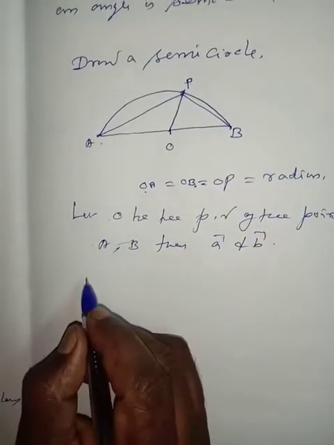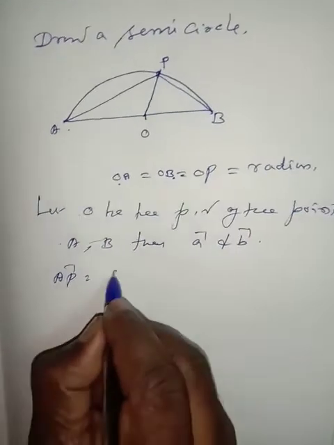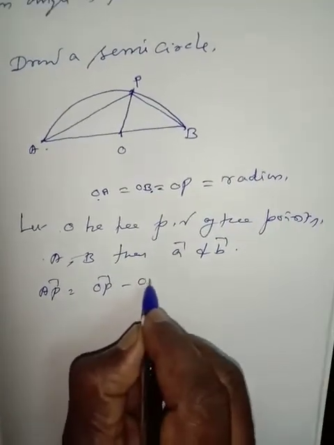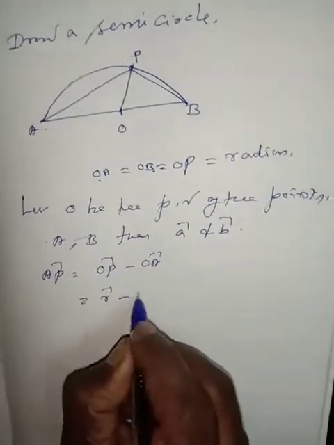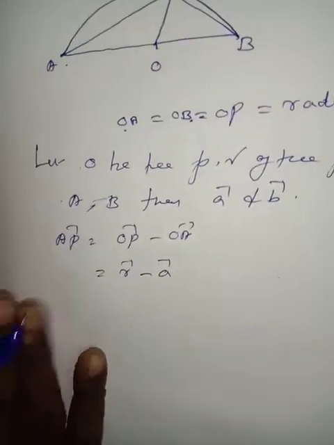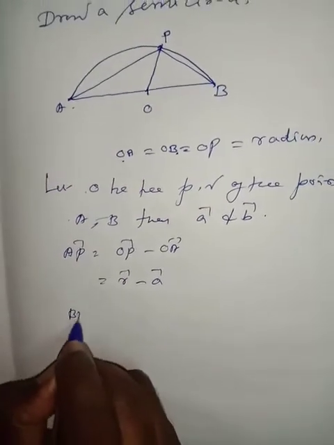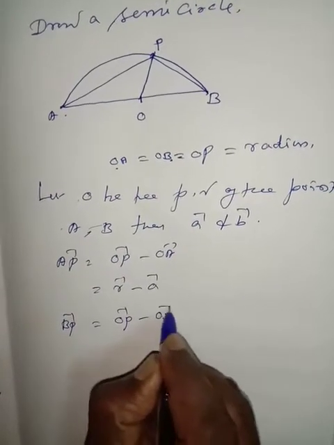Now AP vector is equal to OP vector minus OA vector. OP vector is R vector, the radius, minus OA vector is small a vector. Next BP vector. BP vector is equal to OP vector minus OB vector.